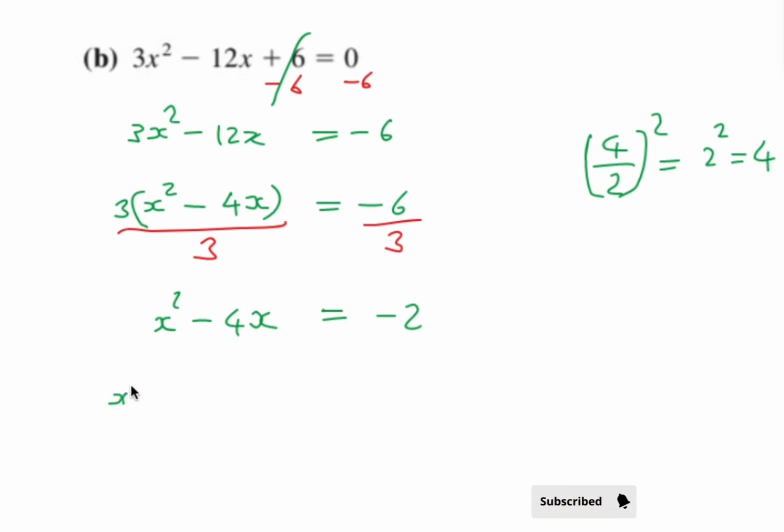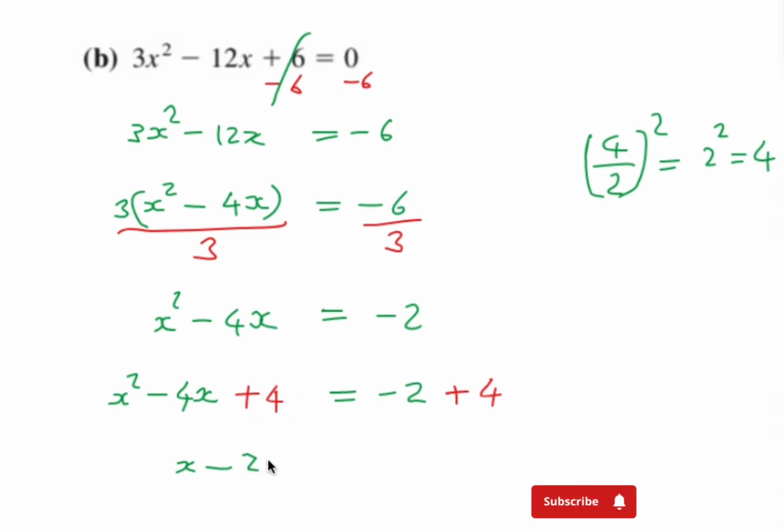So x square minus 4x, and add 4 both sides, or you can add 2 square, your choice. Now we can write x minus 2 square, and this is 2, because minus 2 plus 4 is 2.